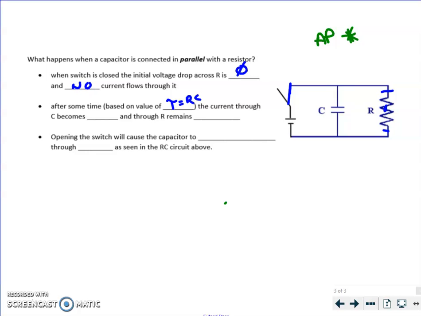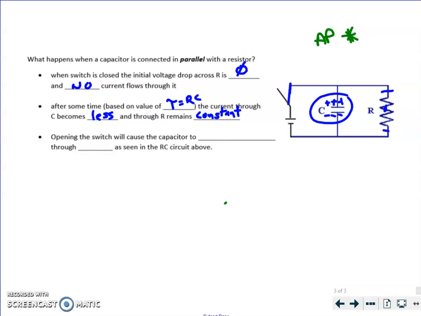Okay, now after some time, again based on the value of tau, which is RC, the current through the capacitor becomes less. We know that as the capacitor gets charged, current through it is going to get less and less. As this becomes charged, positive, positive, negative, negative, and it gets towards full charge, then this resistance, in a sense, stabilizes, and this is going to be a parallel circuit, and it's going to get constant current.